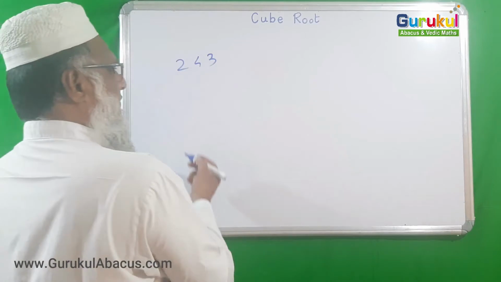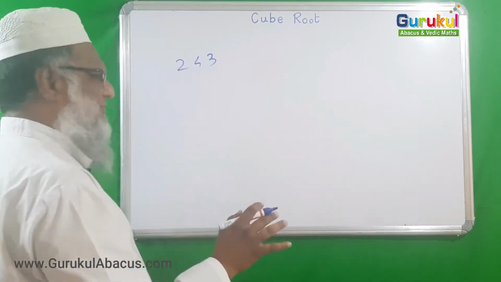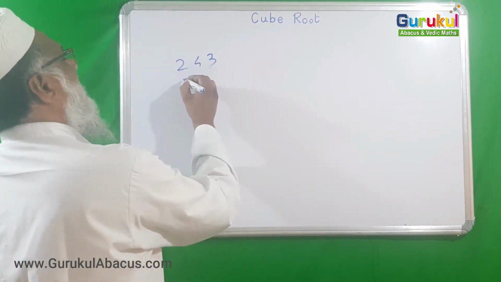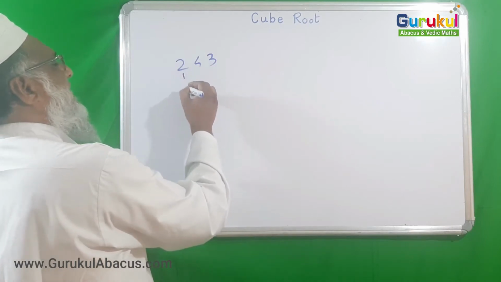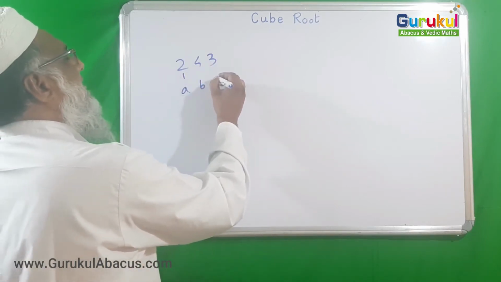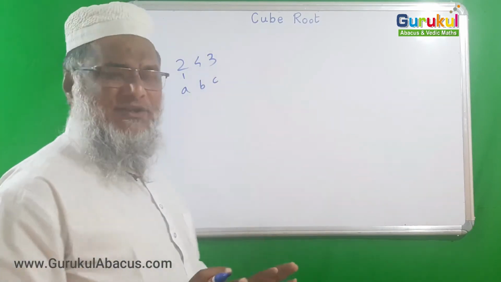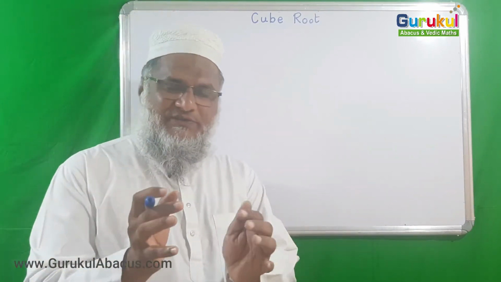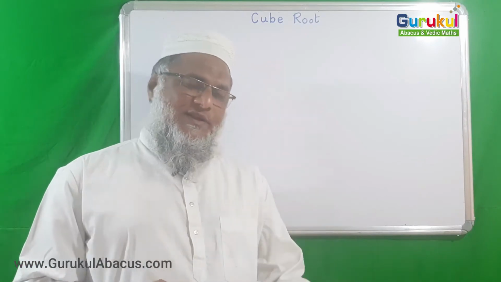In 243, you just have to imagine, it's not exactly correct, that our hundreds digit is A, tens digit is B, and unit digit is C. It is just imagination, to make a specific formula; then only will we understand how to do it properly.